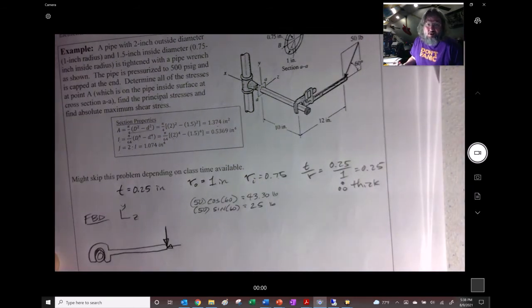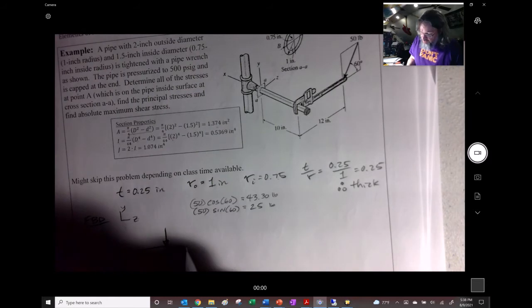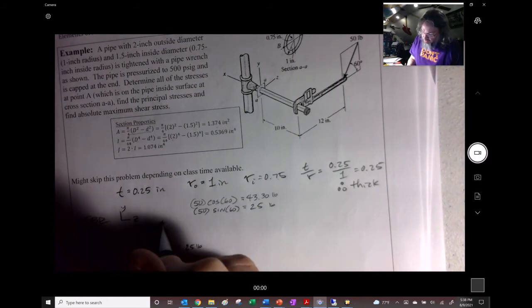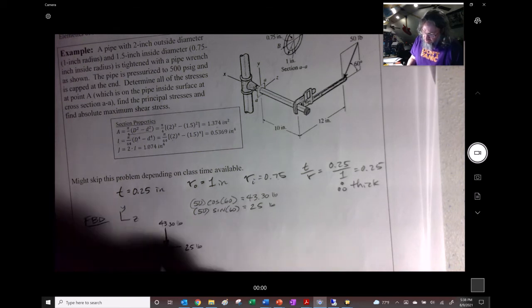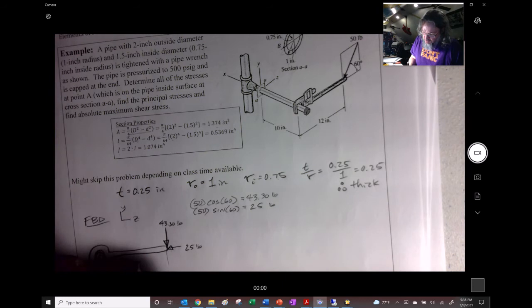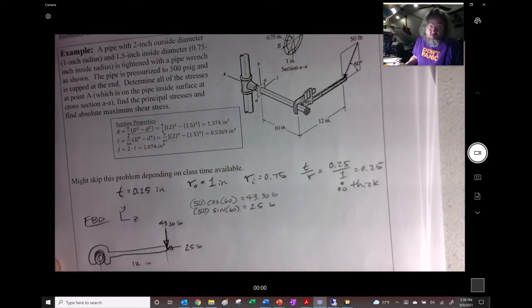Just get it out of the way, right over to the side. So this right here is 25 pounds, and this is 43.30 pounds. This distance right here is 12 inches.